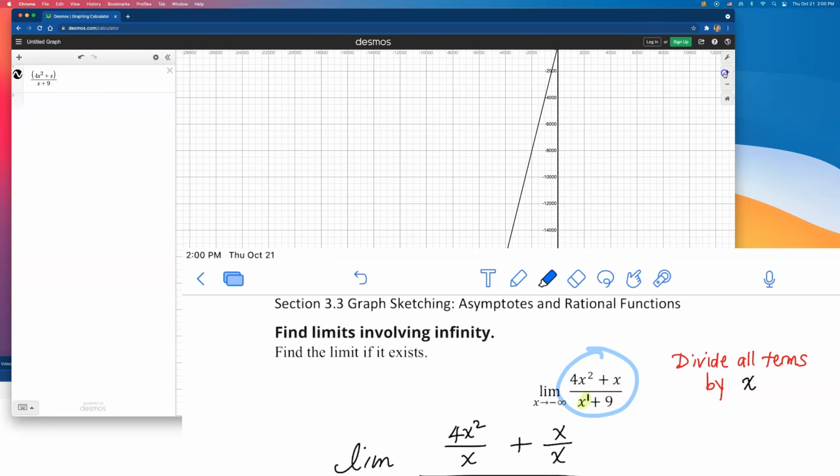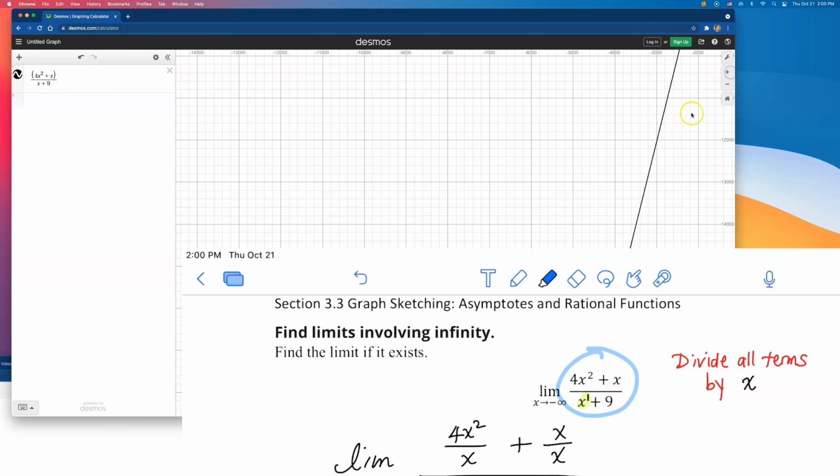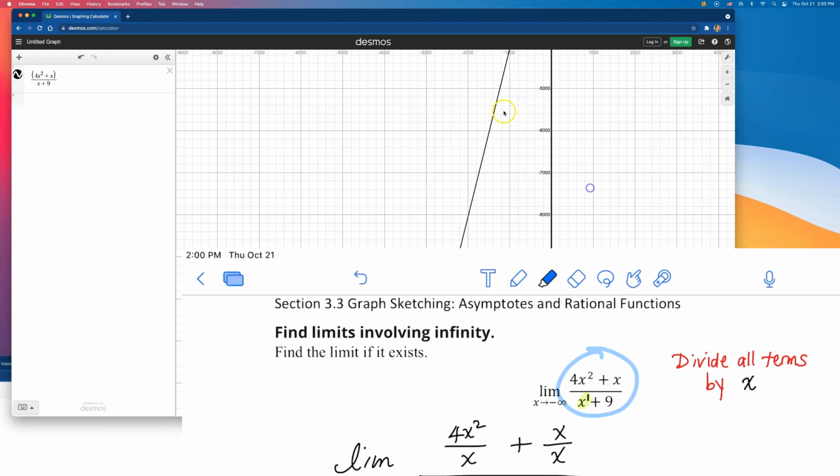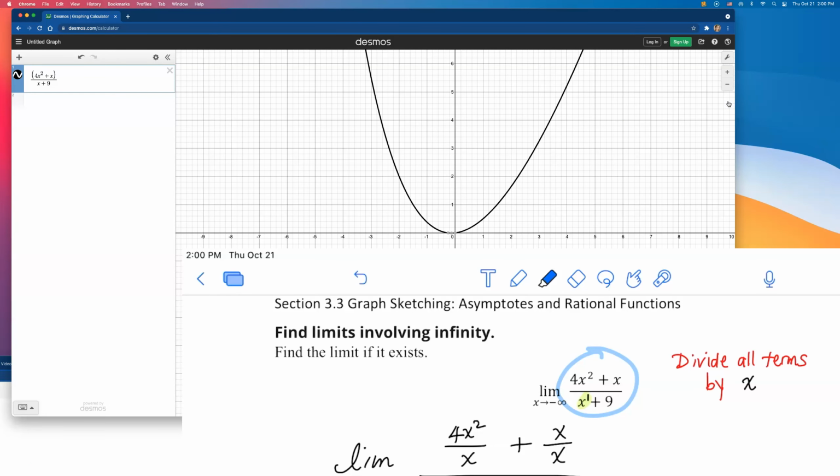See, I was worried for a second. I'm like, oh no, why is it going up? Look at this. When x is negative 1,532, look at that y value. Negative 6,163, and so on.